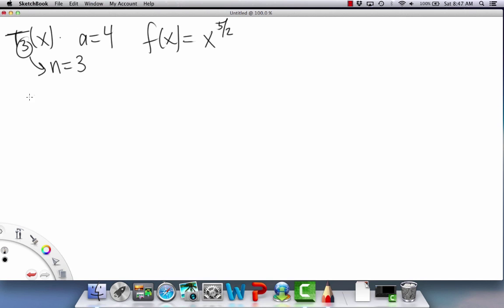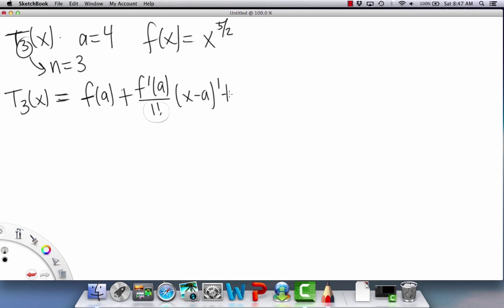So, alright, let's set it up here. T3 of x, I'm just going to write in the variables right now. So we have f of a, first of all, right? You always start with f of a, plus f prime of a over 1 factorial. This is just going to be 1. X minus a to the 1. And then f double prime of a over 2 factorial.